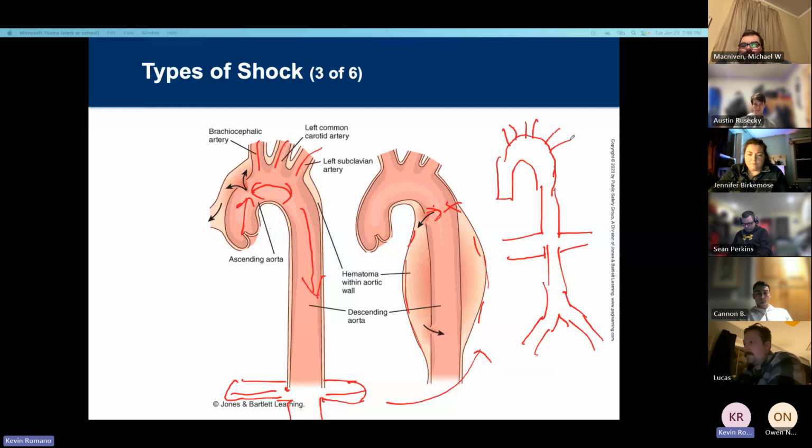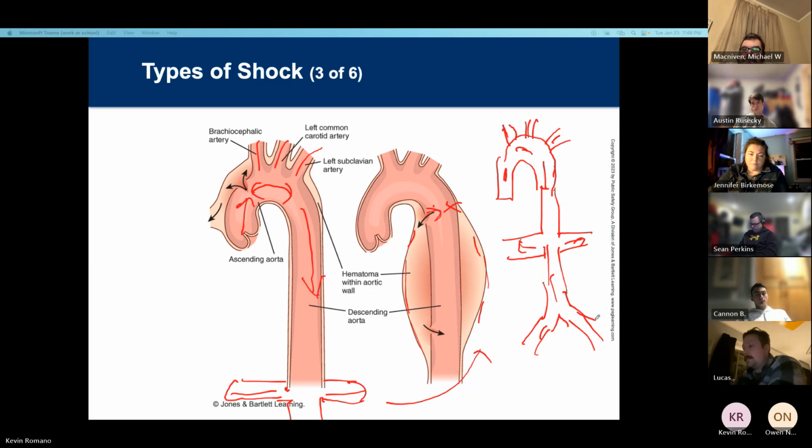That's what the aorta kind of looks like: ascending, aortic arch, great arteries, descending, renal arteries, femoral arteries. It looks like a person walking around with a big, hooked head. Also, on average, the diameter of the aorta is about the size of a quarter. Any questions on that at all?